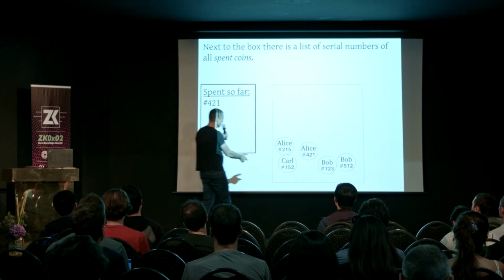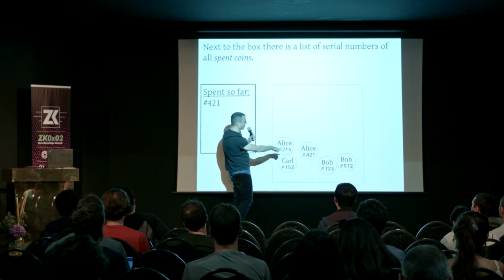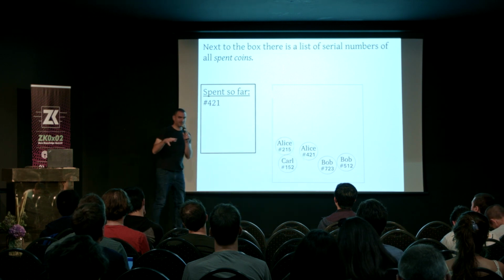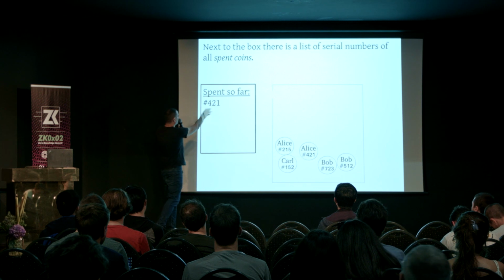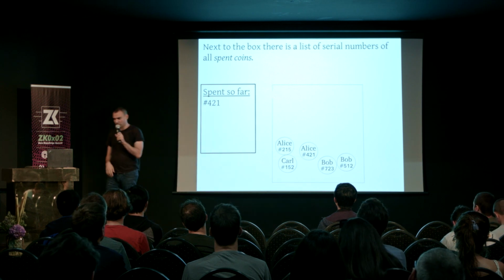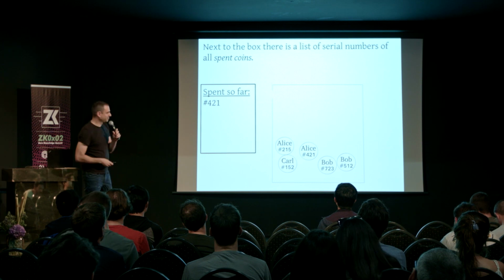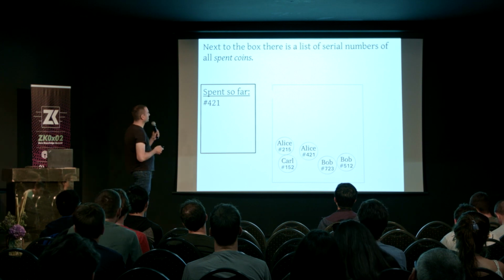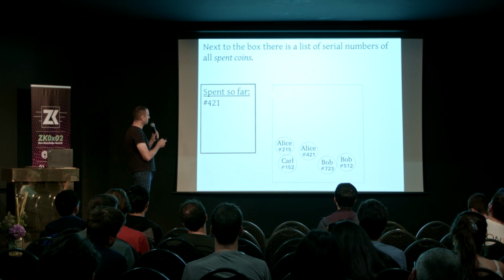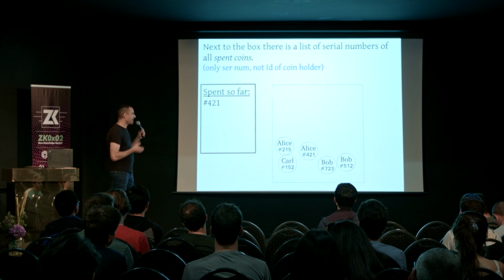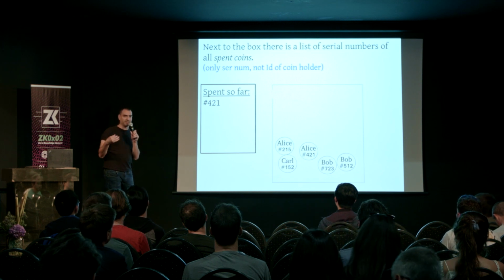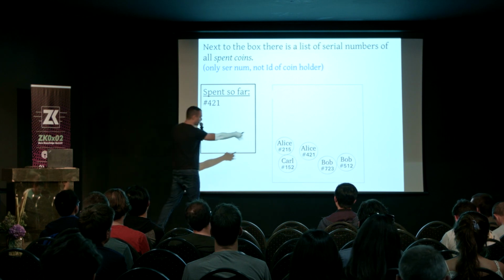Say at a certain point in time, out of these 5 coins, only this coin of Alice was spent. So this list will contain just this number, 421. And this serial number is just a random number. It doesn't give you the ID of the coin holder.